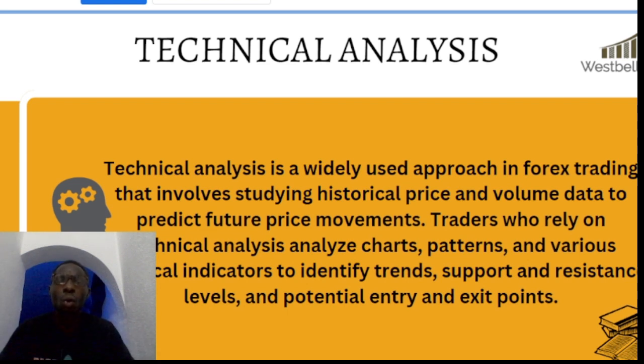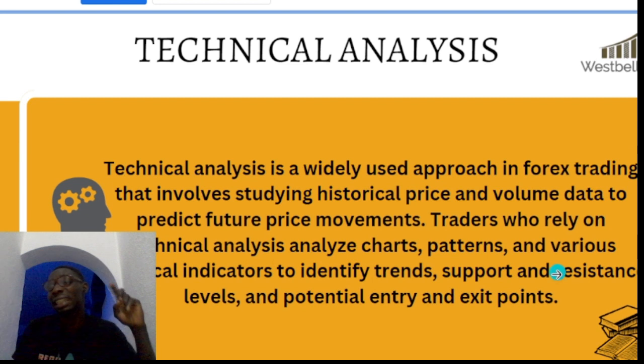So traders who rely on technical analysis analyze the chart. What are the things they do? They look at patterns and various technical indicators, not the normal indicator I'm talking about now, not the moving average, to identify trends, support and resistance levels, and potential entry and exit points.